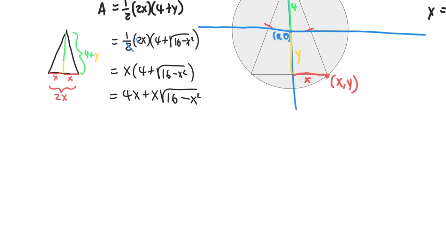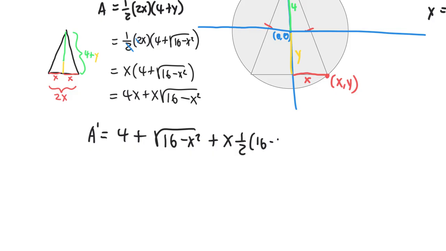And then, yes, just taking the derivative, that's going to be 4 plus, we'll just do the product rule, right? 16 minus x squared, plus x times, let's be very careful, 1 half 16 minus x squared to the negative 1 half, and it's a chain rule scenario, so that's minus 2x.